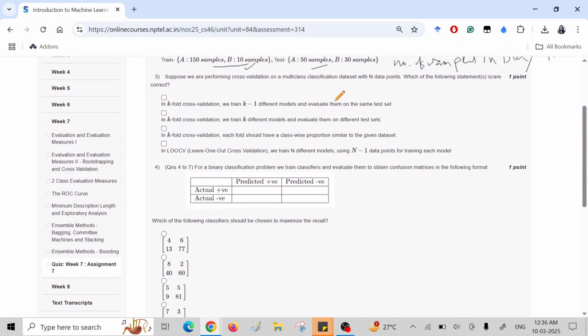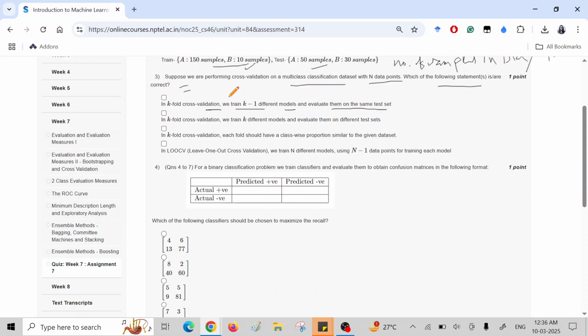Then question number 3: suppose we are performing cross validation on a multi-class classification data set with n data points. So the data set is having n number of data points. Which of the following statements are correct? In k-fold cross validation, we train k minus 1 different models and evaluate them on the same test set.